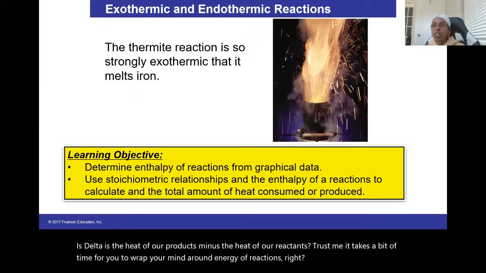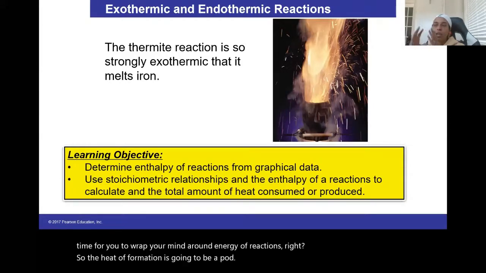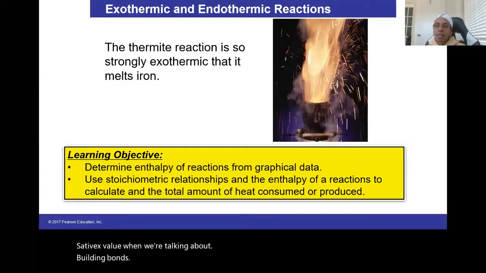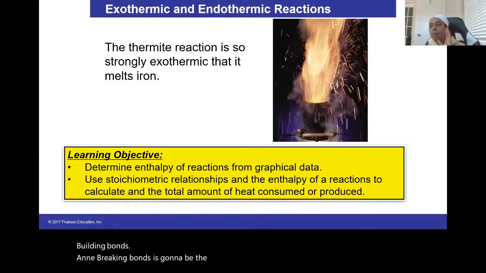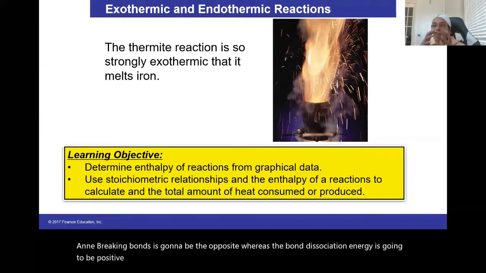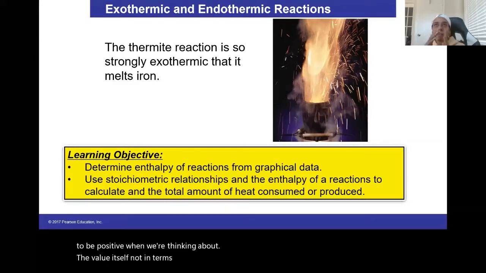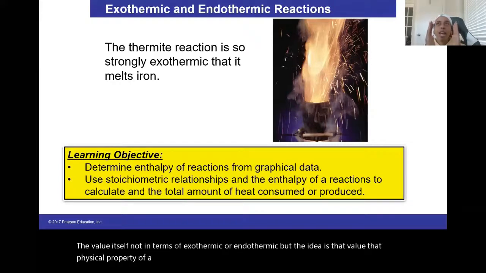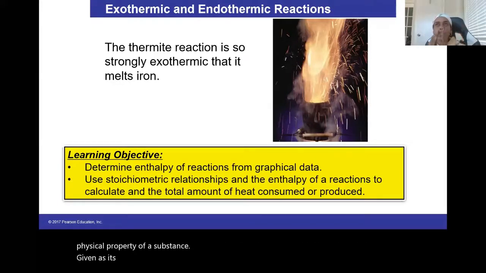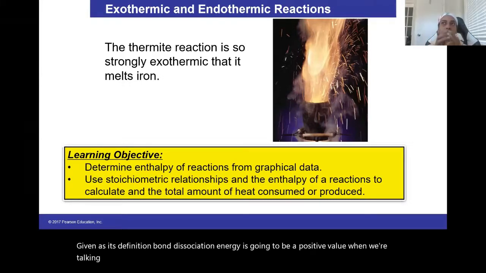So the heat of formation is going to be a positive value when we're talking about building bonds, and breaking bonds is going to be the opposite. Whereas the bond dissociation energy is going to be positive when we're thinking about the value itself, not in terms of exothermic or endothermic, but the idea is that that physical property of a substance, given as its definition, bond dissociation energy, is going to be a positive value when we're talking actually about building bonds.